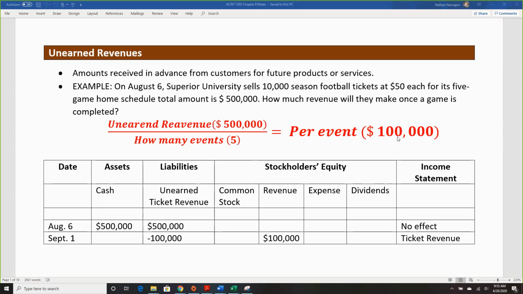Or we may actually have to refund if we don't perform the game. Because again, if you don't play the game, you will eventually have to refund tickets. That's why it's considered a liability. Right now in our situation with COVID, a lot of games are getting canceled, a lot of concerts.